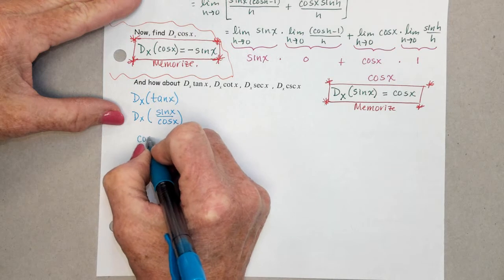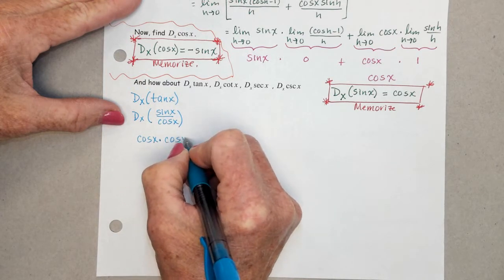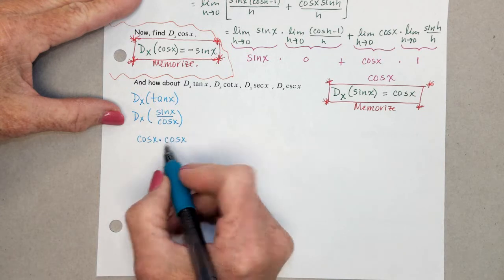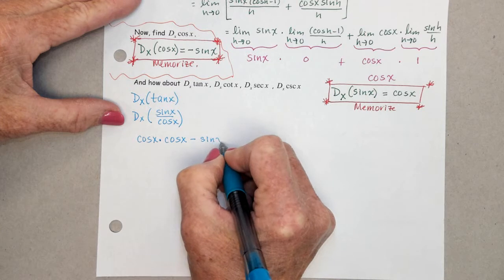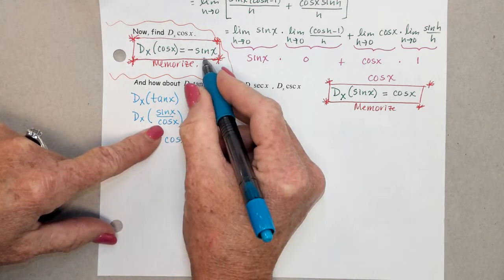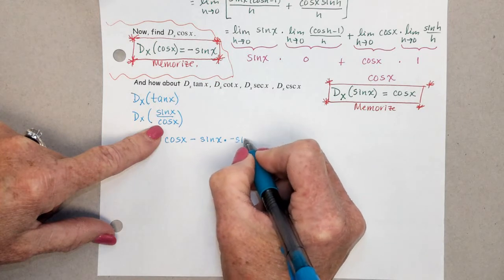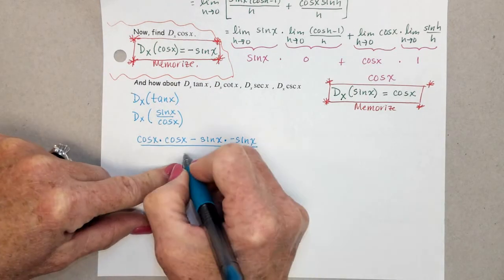Bottom, cosine, times the derivative of the top. Derivative of sine is cosine. Bottom to the top minus top, sine, times the derivative of the bottom. And the derivative of cosine is negative sine, over bottom squared.